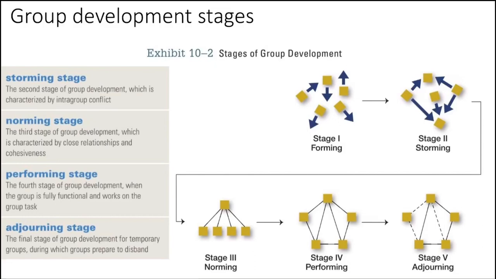You understand the reason why this group is formed, who is supposed to do what kind of job, who is responsible to do this job, who is responsible to initiate things, who is accountable in order to finish this specific task.